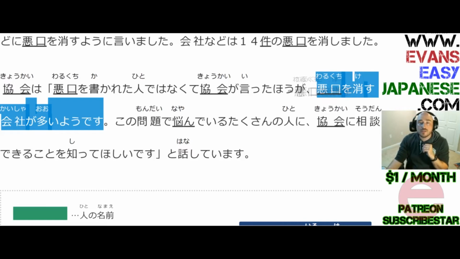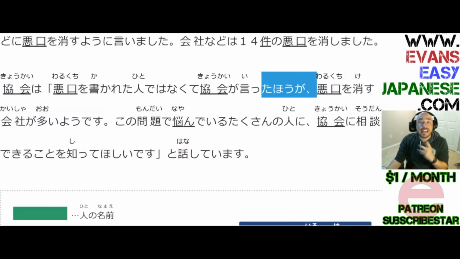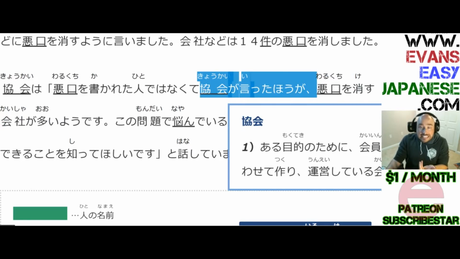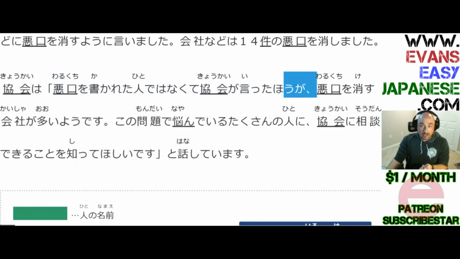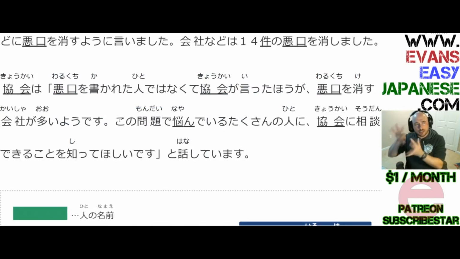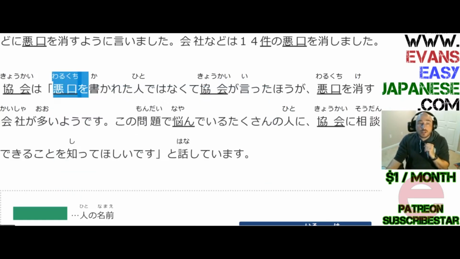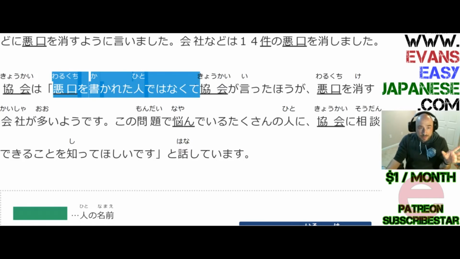And then we're going to use this tahoga ii pattern as if. If the association says it, not the people who have been negatively affected by the insults. I changed a little bit of the subject and object in English here, but let's just do that one more time, okay? So, warukuchi o kakareta hito, people who have been negatively affected by somebody else's writing of the insults, dewa nakute, not these people.